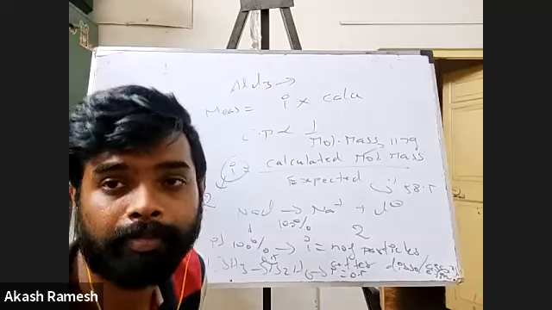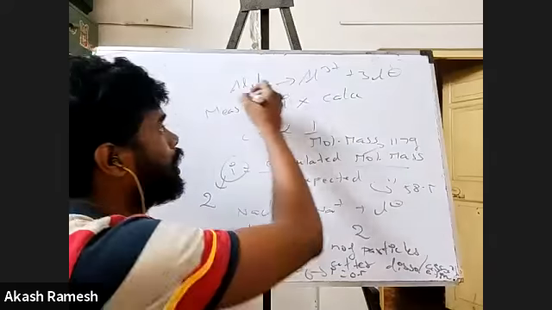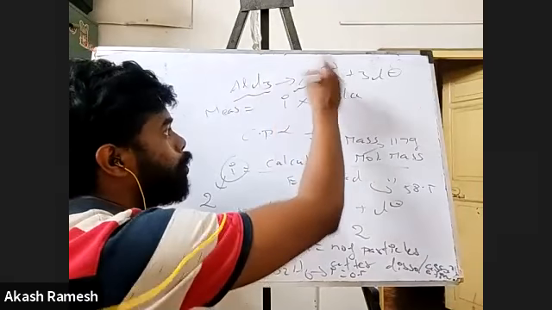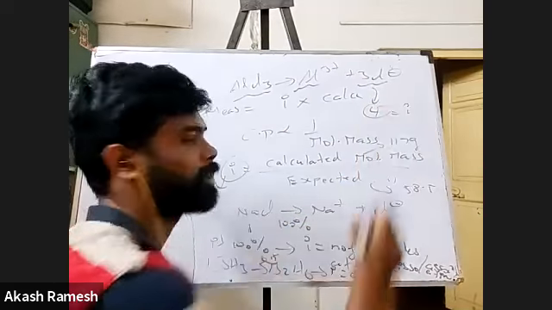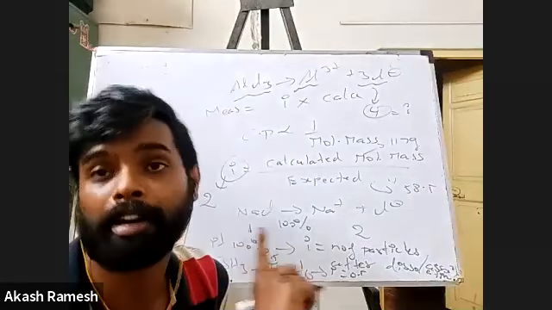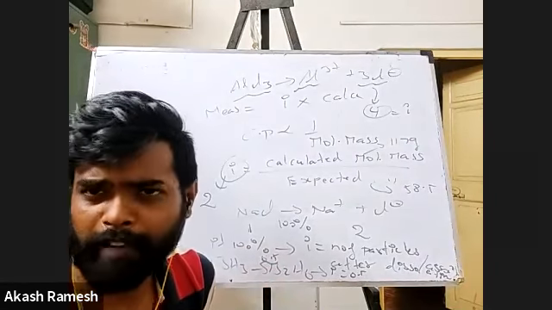Al3 plus and 3Cl minus. Sir, is it 4, sir? Yes, 4. Obviously, one molecule is becoming one Al3 plus and 3Cl minus, totally 4. So the Van't factor will be 4, again assuming 100% dissociation. Okay, I think everybody understood.